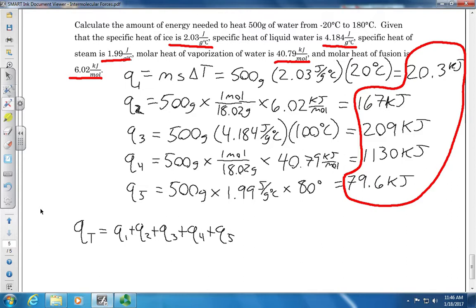What that gets you after you've summed them all together is 1,608 kilojoules approximately. And that is the amount of energy needed to heat 500 grams of water from negative 20 degrees Celsius to 180 degrees Celsius.